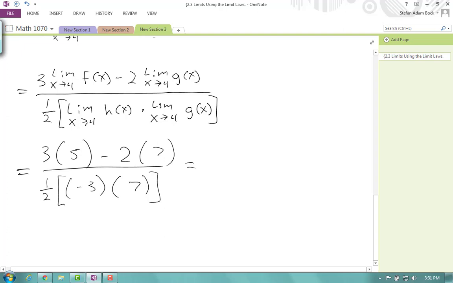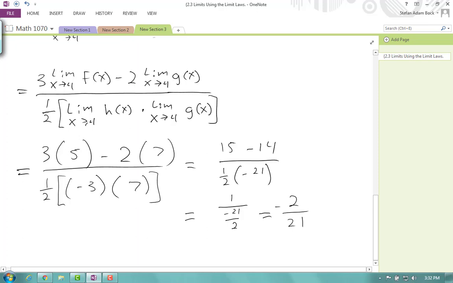Which simplifies a little bit. I have 15 minus 14 divided by 1/2 times -21, or 1 over -21 divided by 2, or if I simplify that further, I have -2 over 21 as my final answer.